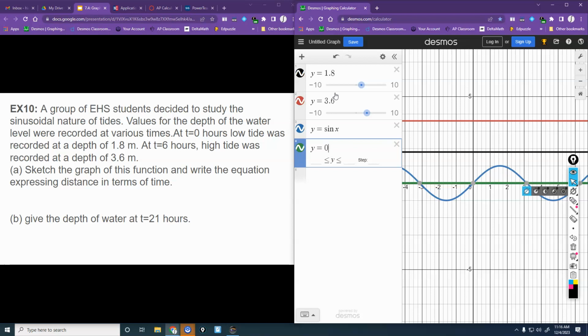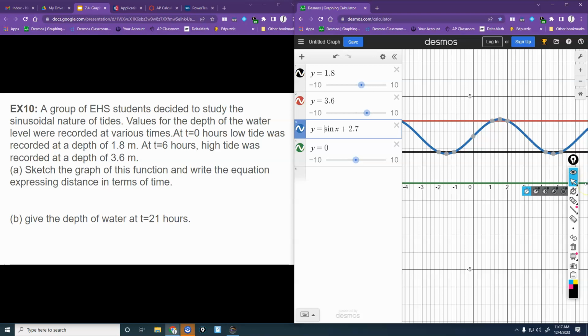Might be 2.5. Let's try it. Let's put plus 2.5. Nope, not enough. If we do 3.6 plus 1.8 divided by 2, we're going to get 2.7. Okay. All right. Amplitude. What's the amplitude going to be? It's too much right now.